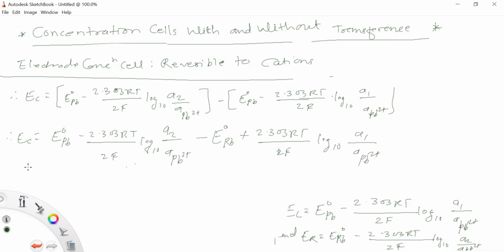Now so EC is equals to, आता हा plus minus cancel E0Pb, right.